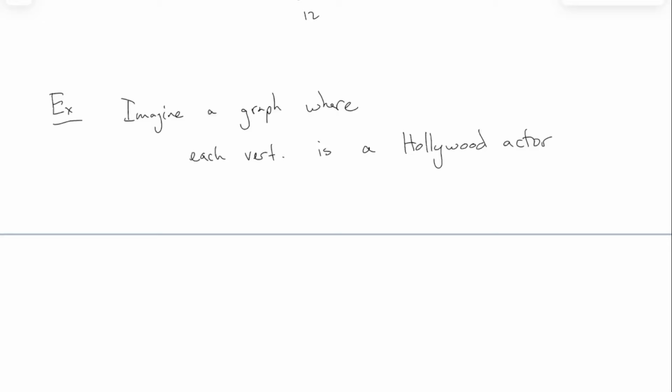So this graph has many, many vertices, like every actor you've ever heard of is a vertex in my graph. And each edge, so I'll say there is an edge between 2 actors if they appear in a movie together.